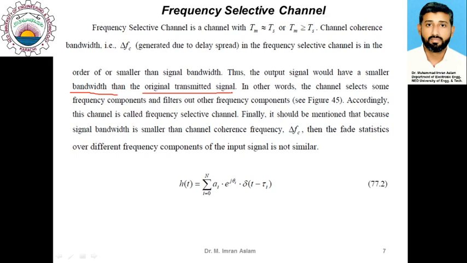So the channel becomes frequency selective in the sense that at certain frequencies it will allow signals to pass, but other frequencies will be stopped by the channel. It's actually filtering out some frequency components. In this sense, this channel is named the frequency selective channel.